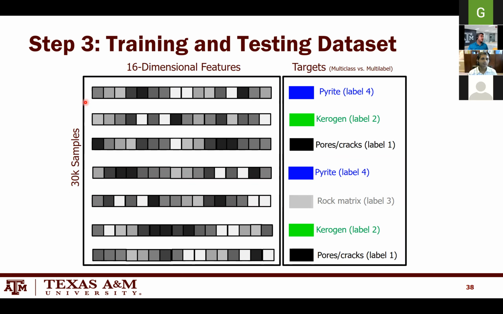So I have 30,000 samples. Each sample is a pixel. For each pixel, I have extracted 16 features, which means I've looked at its neighbors. I've tried to define what should be the feature that is assigned to each of these samples. And then for each sample, I have a target. So this pixel is a pyrite, this pixel is kerogen, this pixel is pores, and so on.